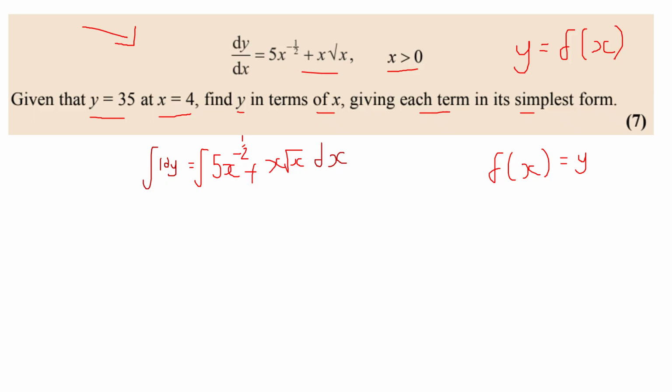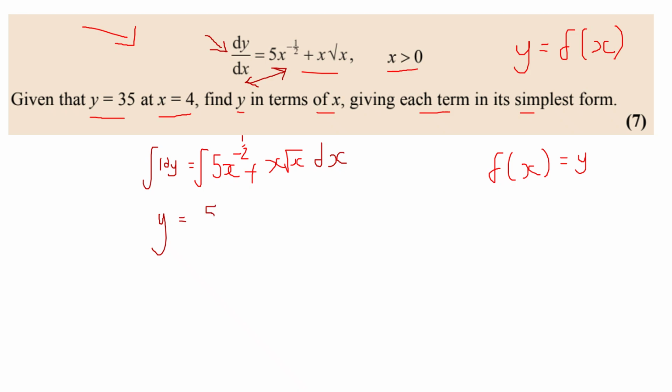Normally we don't treat this as a fraction, but in this context when we're integrating, this is the only exception where I treat the left hand side as a fraction rather than just a derivative. So the integral of 1 dy is y, which is equal to the integral of this.